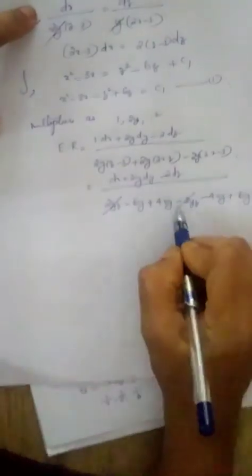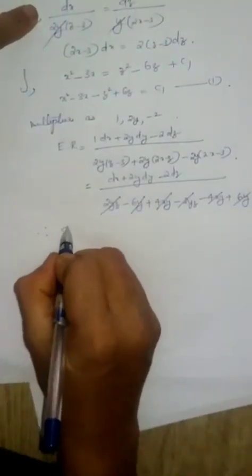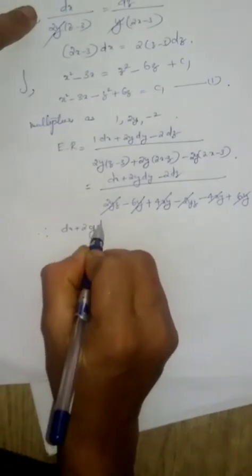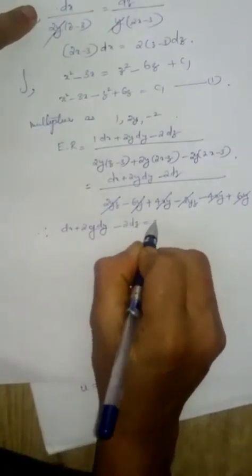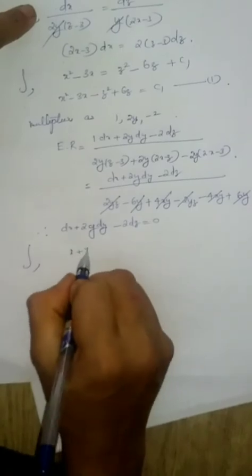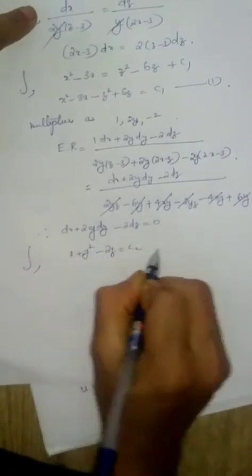So 2yz, 4xy, 6y cancelling, we get 0. Therefore dx plus 2y dy minus 2 dz equal to 0. Integrating, we get x plus y square minus 2z equal to c2.